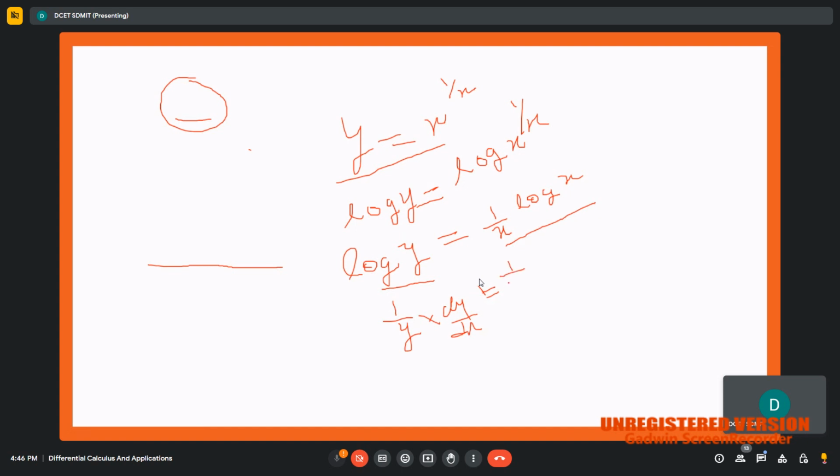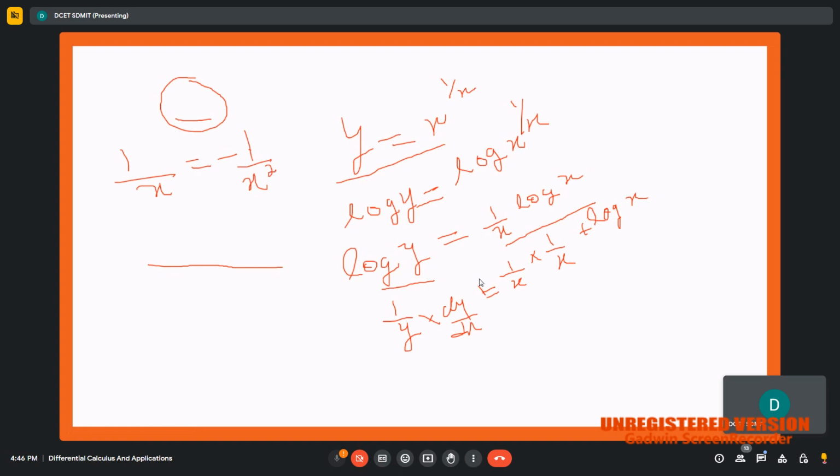First I keep 1 by x constant. The differentiation of log x is 1 by x, plus, keeping log x constant, what is the differentiation of 1 by x? Differentiation of 1 by x is nothing but minus 1 by x square.